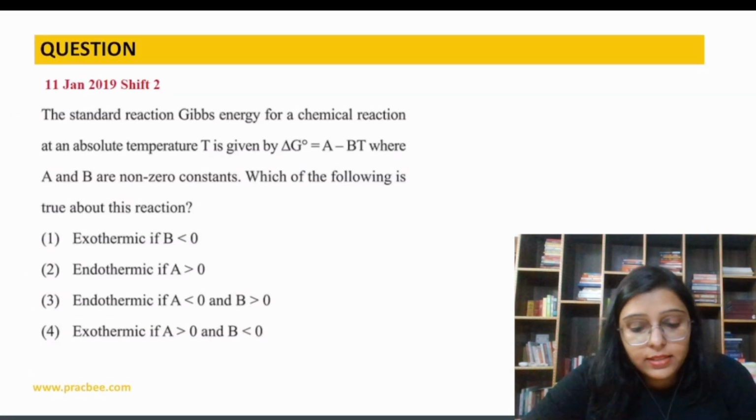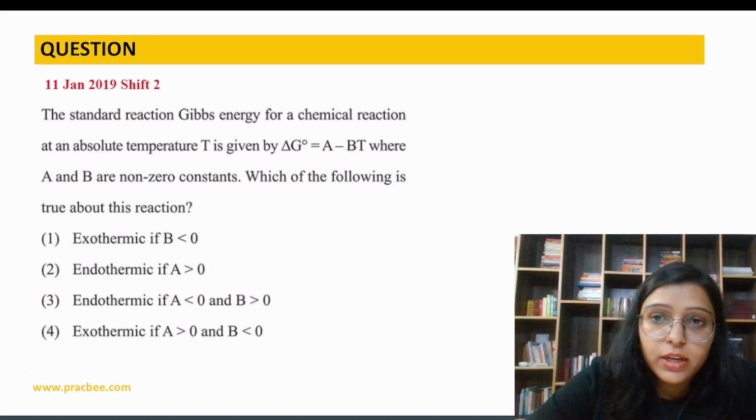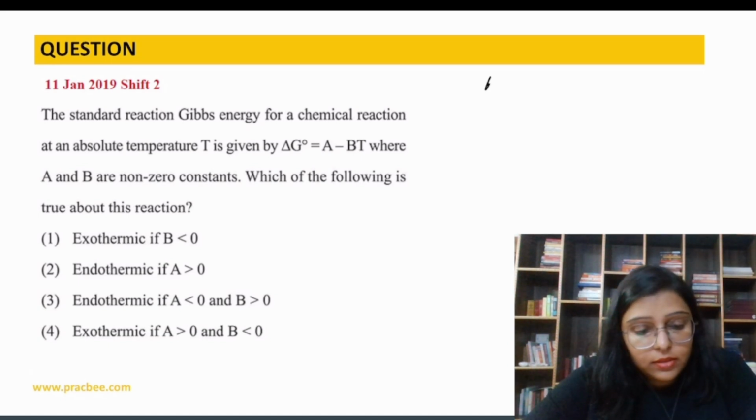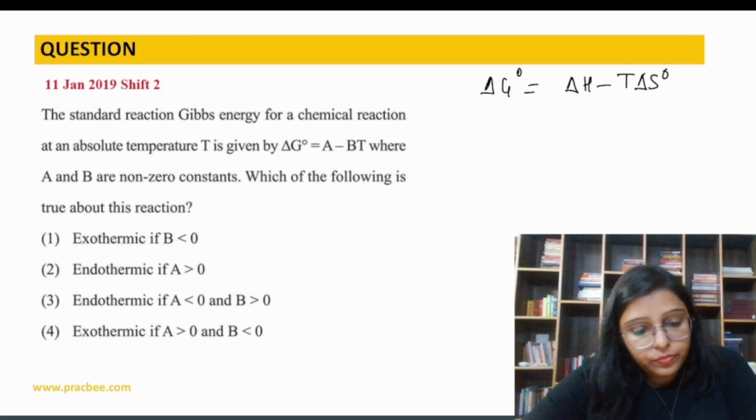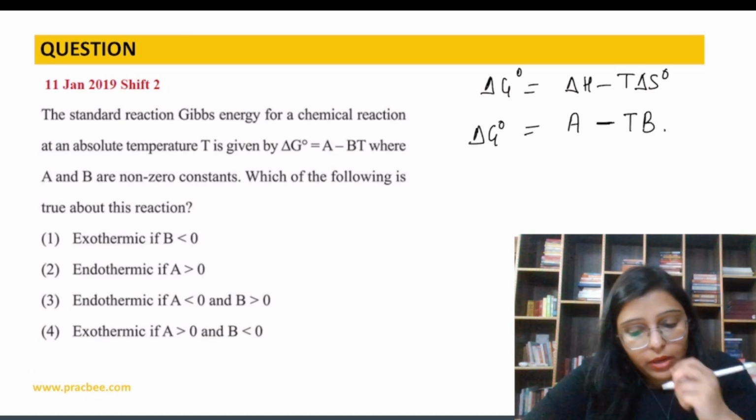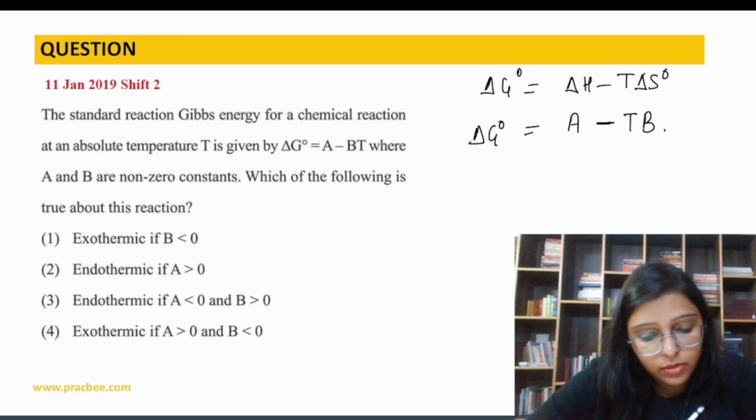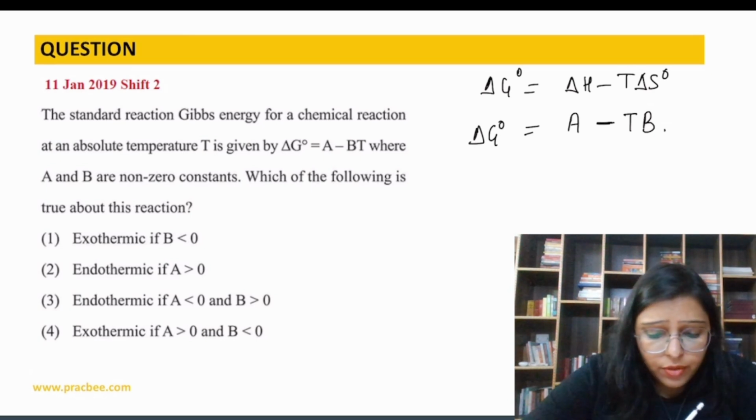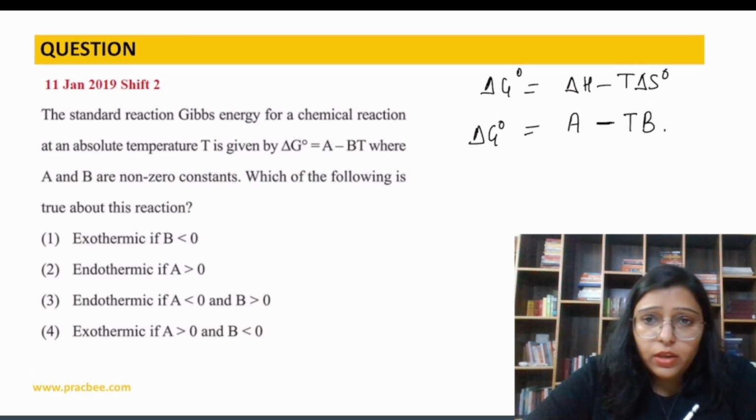Now, next, the standard Gibbs free energy for a chemical reaction at an absolute temperature T is given by delta G naught equal to delta H minus T delta S naught. So delta H is A and delta S naught is B, where A and B are non-zero constants. Which of the following is true about the reaction?